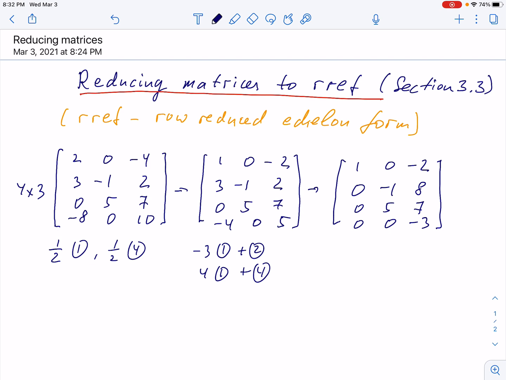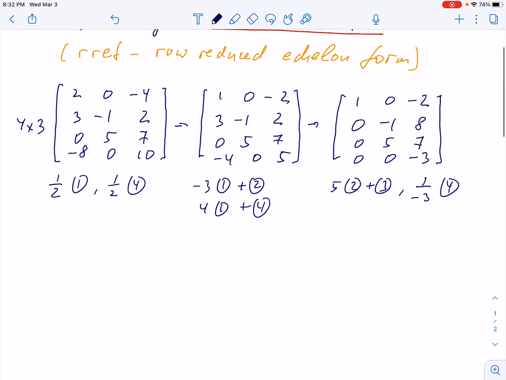So I can do 2 operations, independent operations at the same time. Multiply the second by 5, add to the third, make 0 below. All the other elements in this column will be zeros. And also divide the fourth one by -3. 2 quite independent operations.